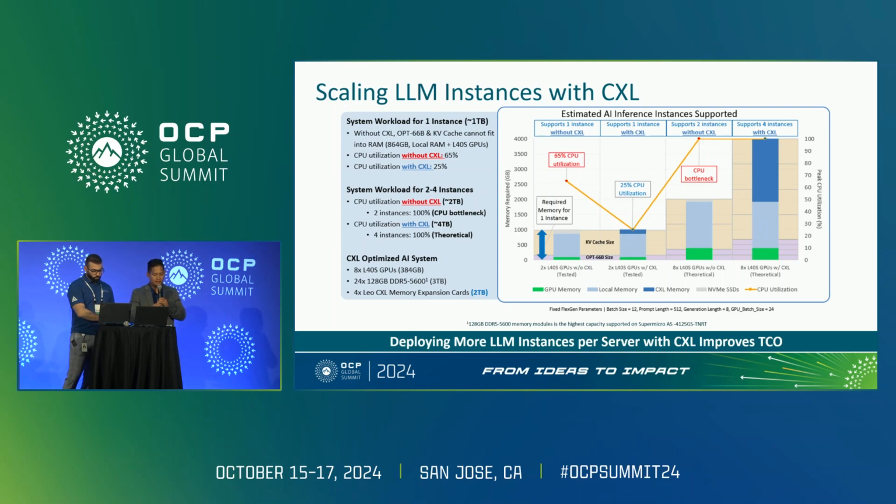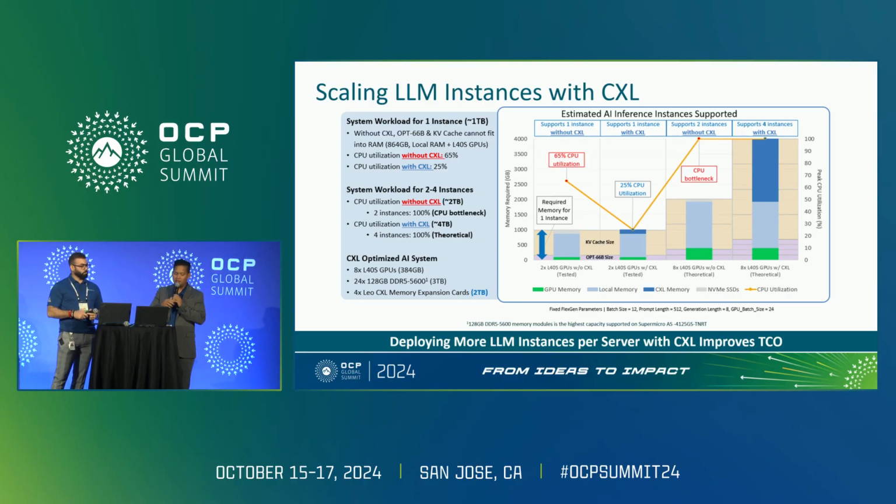But with CXL, we theorized that you'd be able to run 4 instances with some overhead to spare. There's some more work to do, but essentially that's what we observed, and we plan on running these tests in the future, on future platforms and with more resources.